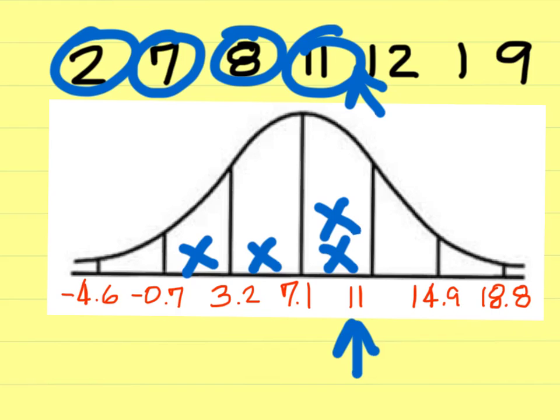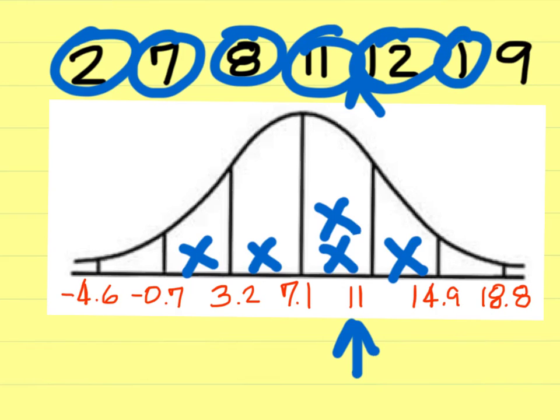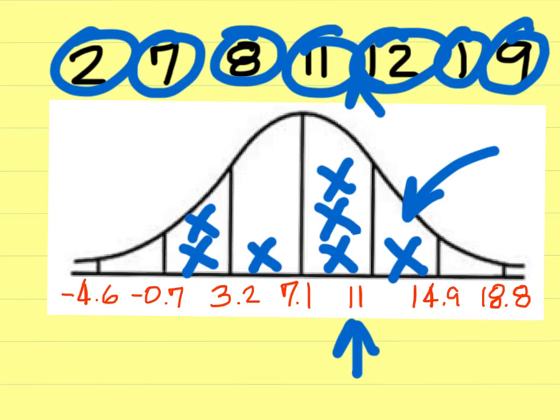If you have it to the right, I'll still give it to you for now, but not from now on. 12 will go here. 1 will go here. And 9 will go here. So you can have this, or if you have 2 of them here and 2 of them there, that'll count as well.